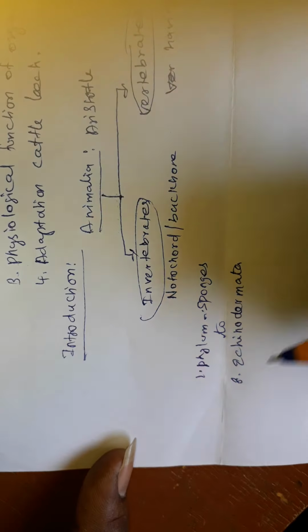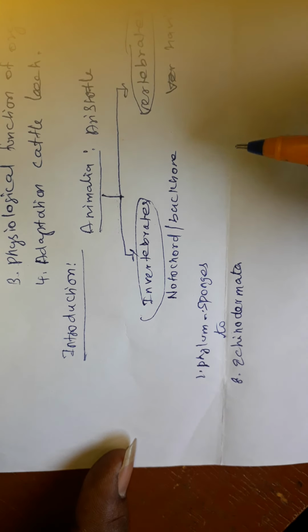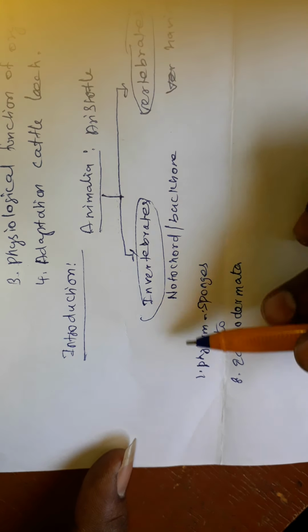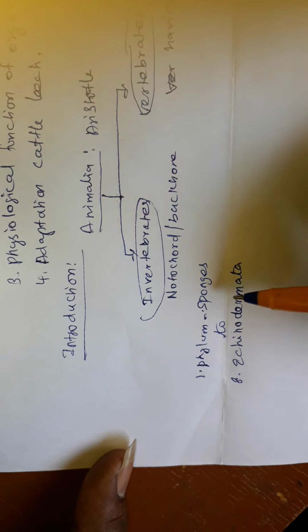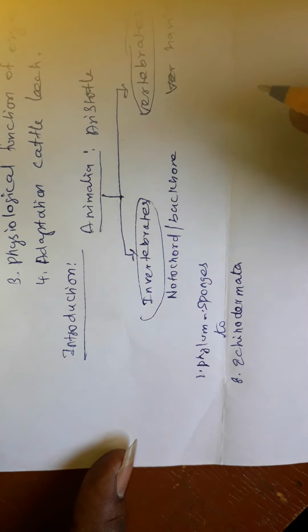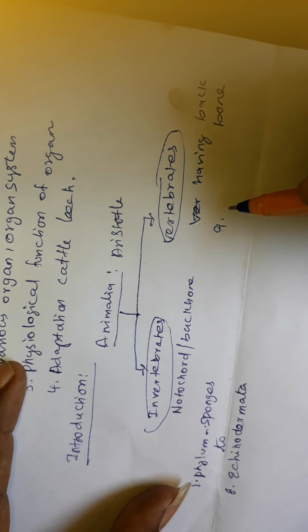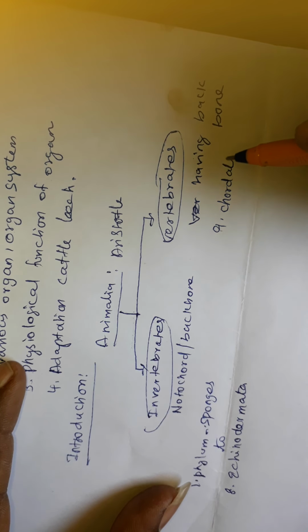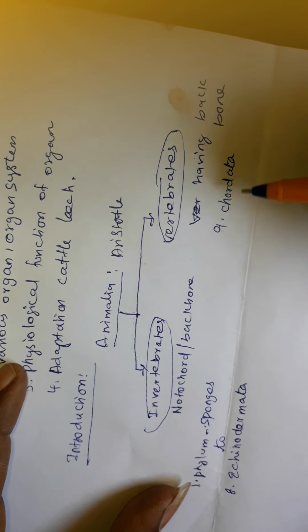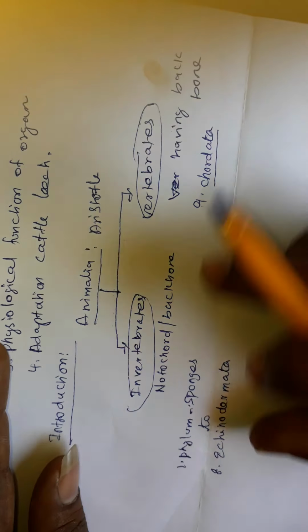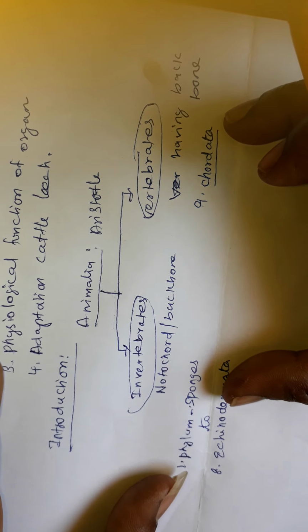They are called invertebrates because these animals do not have a backbone. The remaining ninth phylum is Chordata, which has a backbone. So we have learned two separate categories of groups.